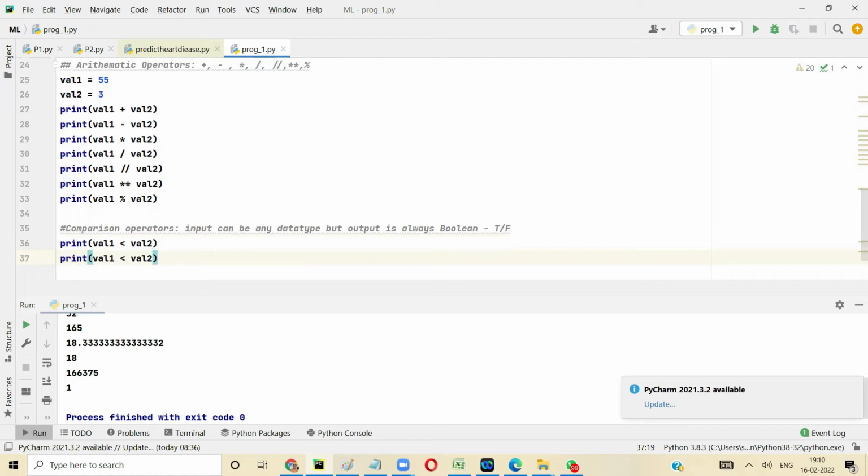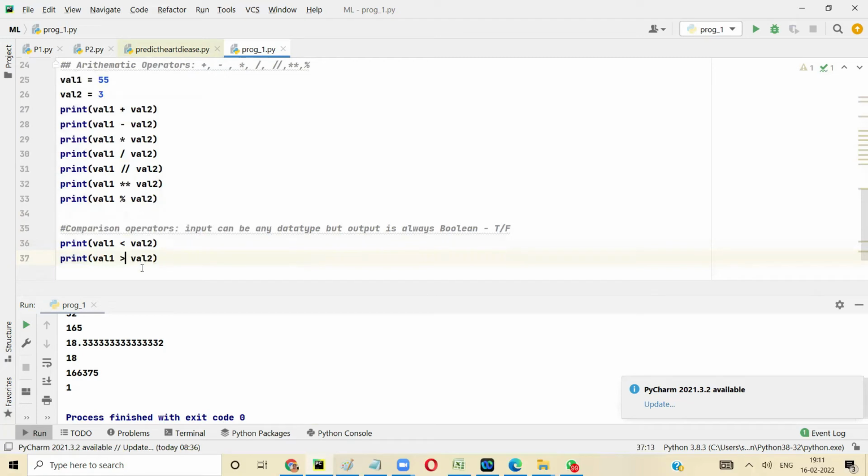What is the answer? Is value 1 less than value 2? The answer is false, because value 1 is not less than value 2.